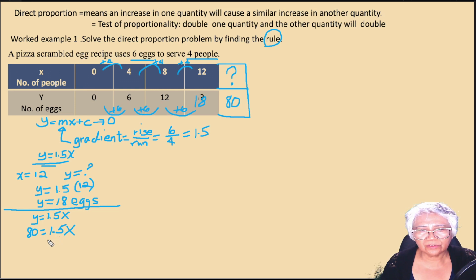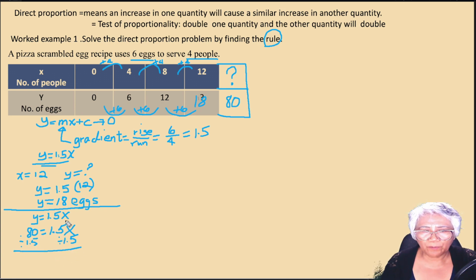We need to get rid of the 1.5 that goes with the x so that we can isolate the x. We're using inverse operation again here, so we divide by 1.5. All right, so what do we get here?